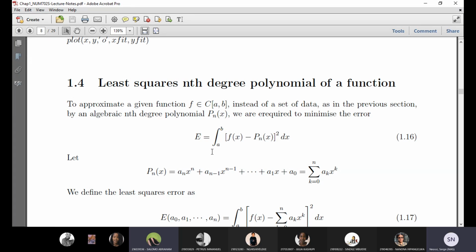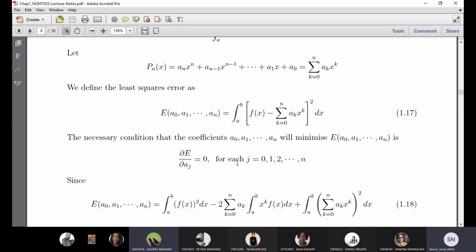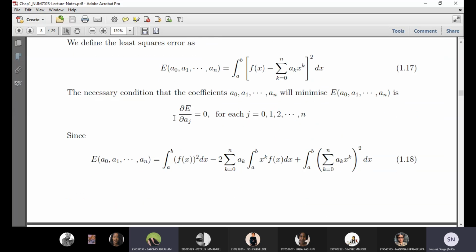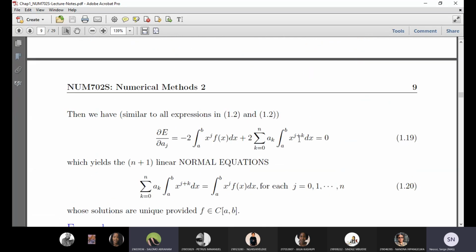And for that purpose, we use the integral, and our minimization problem becomes the minimization of this error. And if we perform this optimality condition, we differentiate this with respect to a certain a sub j, where j is fixed, we obtain this expression.